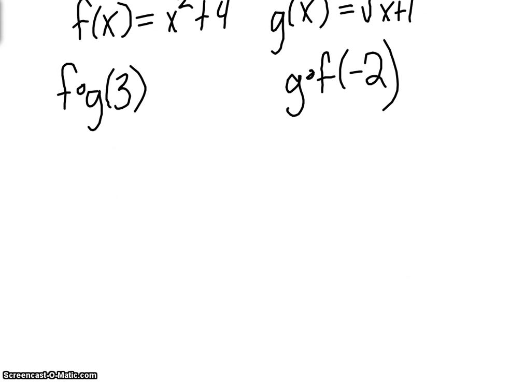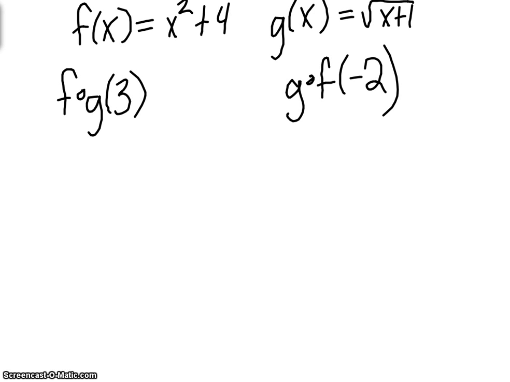So our next problem is going to be the last one where we're actually plugging into something. This time we have f of x is equal to x squared plus 4, g of x is equal to the square root of x plus 1. So when I look at f of g of 3, I need to find out, first of all, what g of 3 is equal to, to be able to plug it into the f equation.